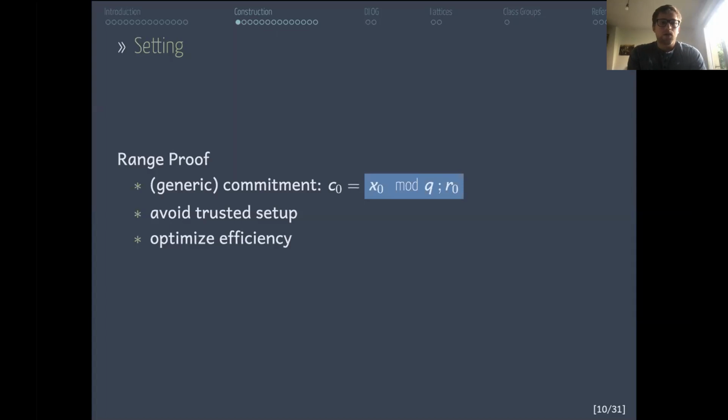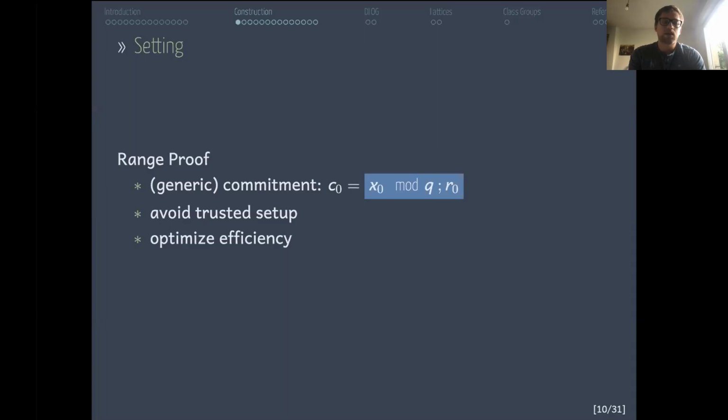So the setting in which I present our range proof is that we use generic commitments that have the properties that I mentioned in the beginning. So we have the message space mod Q, and they have additive homomorphic and scalar homomorphic properties. And we want to show for the commitment Z0, which is a commitment to X0 mod Q with randomness R0, that X0 is inside a given range.